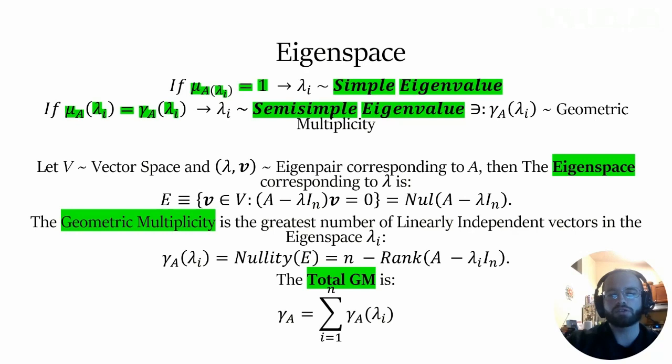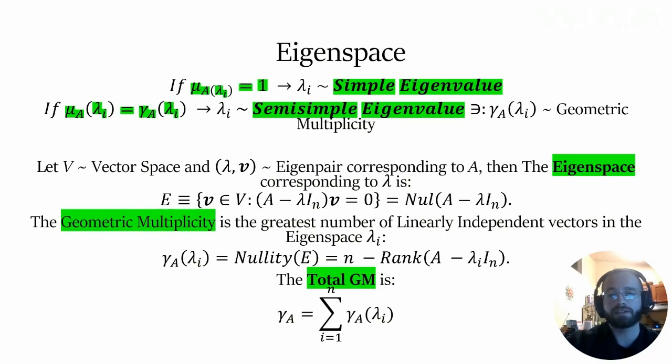Okay, remember that there are up to n different eigenvalues. And because the null space is a subspace of the vector space V, then we can take the nullity, the dimension of the subspace, right? And we know it must be less than or equal to n.